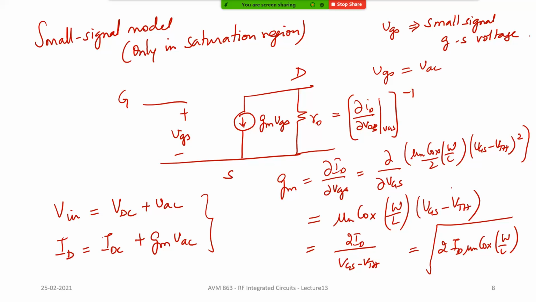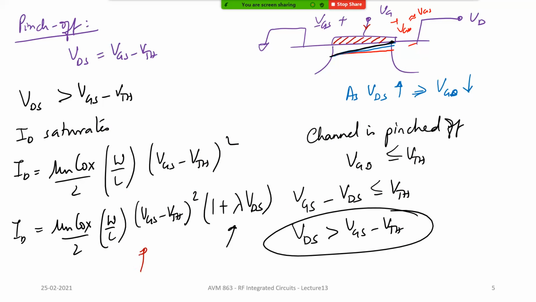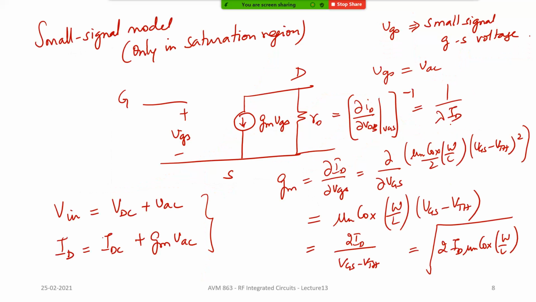If you differentiate this equation and find dou ID by dou VDS, you will get lambda times ID, and 1 over that is 1 over lambda ID, where ID is the DC current. So as you change the DC bias, the DC current changes, your GM value changes, and your R0 also changes. You must understand this.